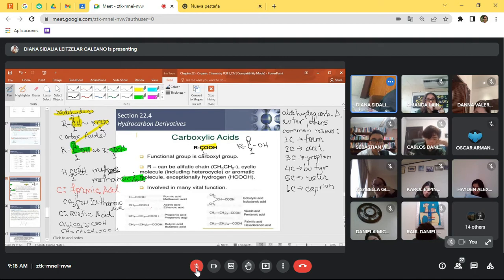Butyric the common, butanoic the IUPAC. If you see this one, four carbons, isobutyric. This one has 16. The name doesn't matter. And we will not see 16 carbon compounds.